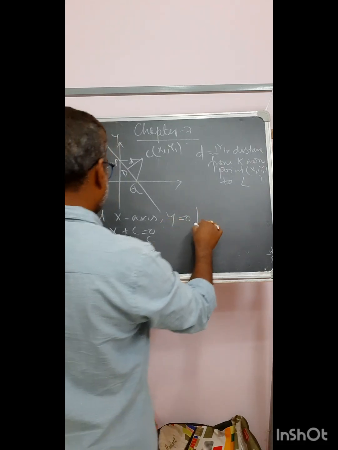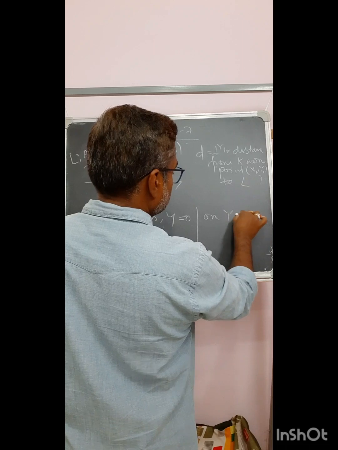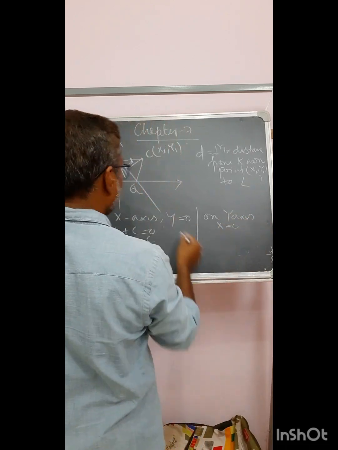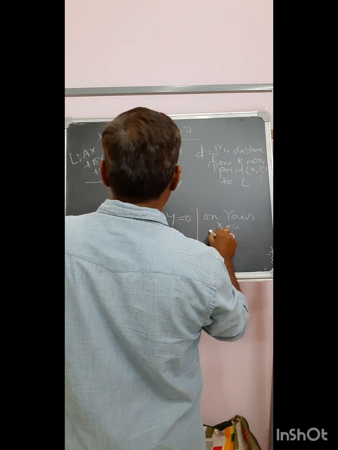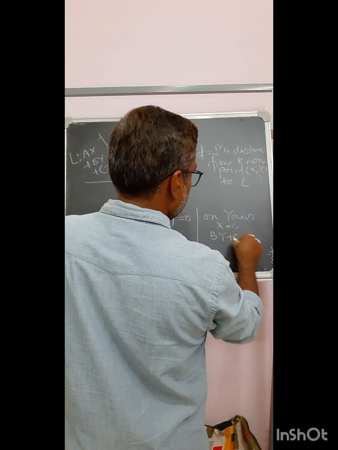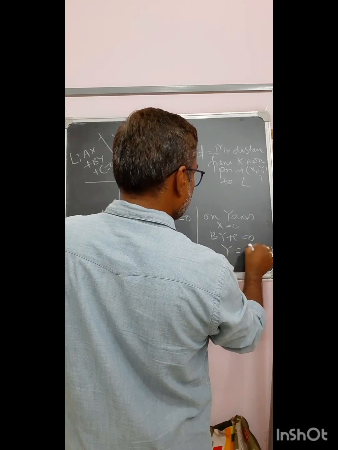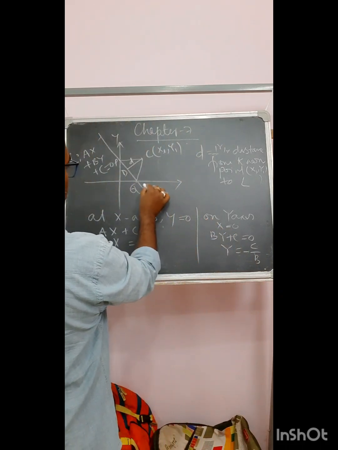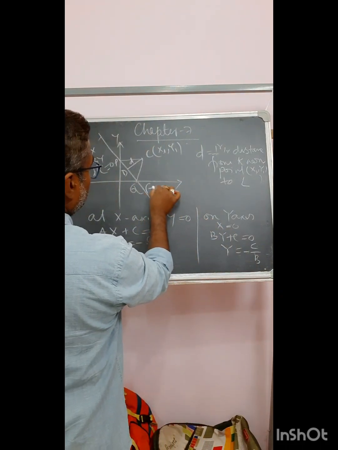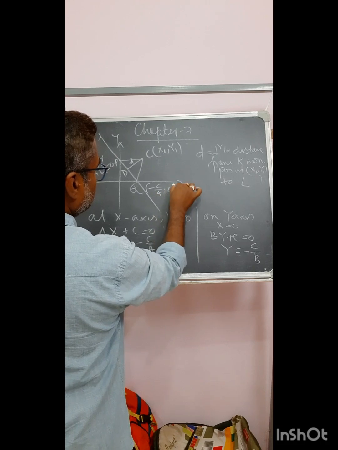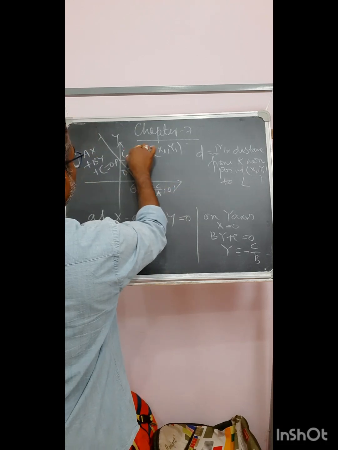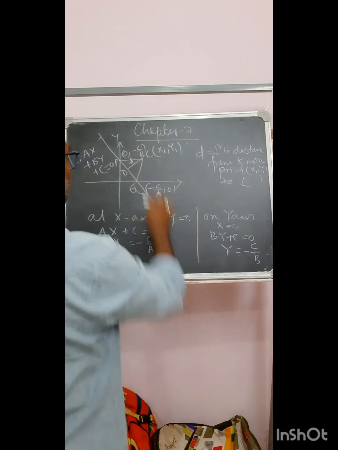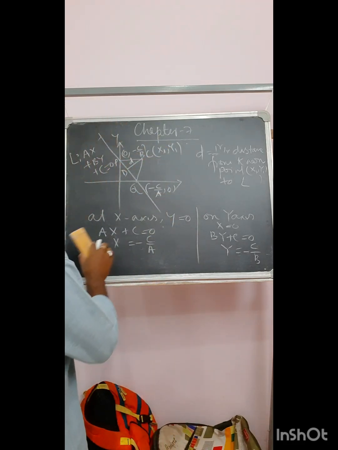And similarly on the y axis, x is equal to 0. If I put that, I will get by plus c equal to 0. That means y is equal to minus c by b. So point Q would be minus c by a, comma 0, because y is 0, and P would be 0, comma minus c by b. Okay, so three points I have already achieved.